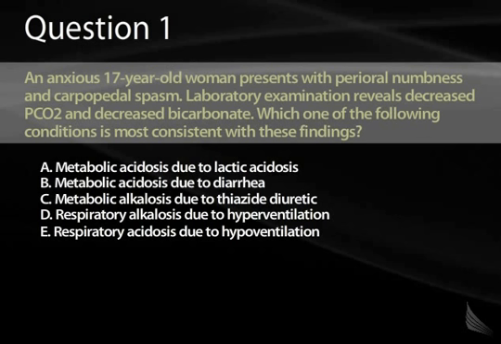The clue in this question is the perioral numbness and paresthesias, as well as carpopedal spasm the patient is experiencing. These are all symptoms of alkalemia. Thus, while we do not have an arterial blood gas to confirm pH, we suspect this is alkalemia. With a decreased bicarbonate concentration, the cause must be a primary respiratory alkalosis due to hyperventilation.